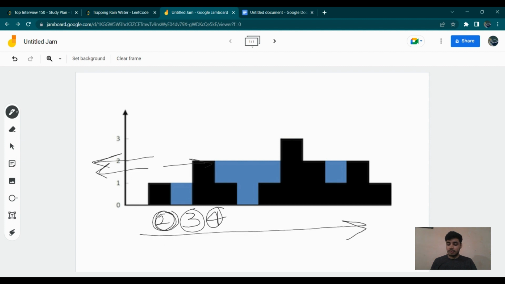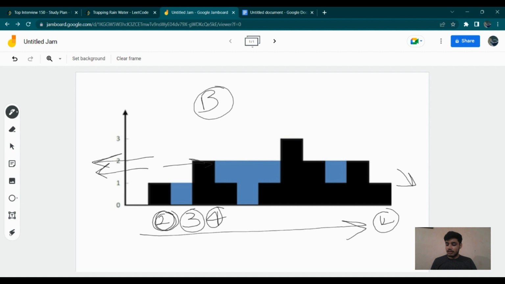We are going to first store the maximum before every index, and we are going to store it in, let's assume, the b vector. After that, we are going to store the maximum after every index. For this purpose, we will start from the last index, which is the 12th index. First you get the maximum equal to 0, because for the starting index the maximum before it is always 0.